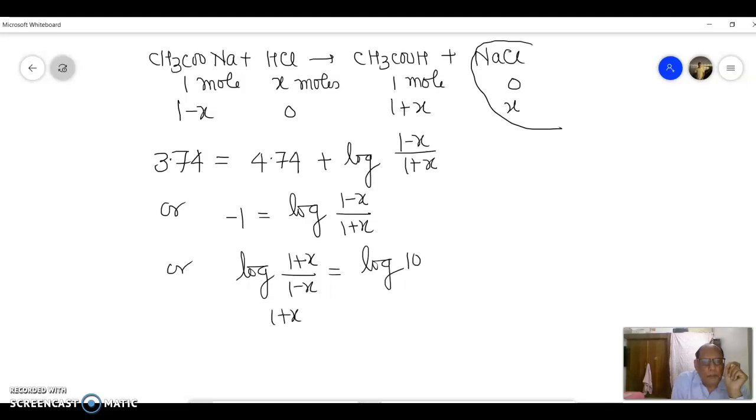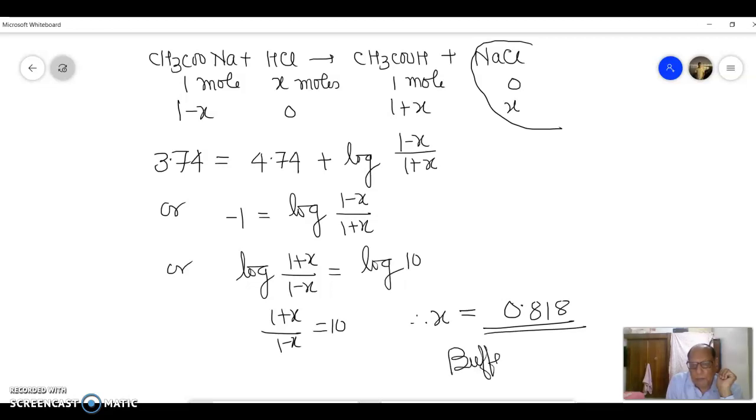Or 1 plus x upon 1 minus x equal to 10. Solving this, we get x comes out to be 0.818. That is the buffer index of a solution. Means by adding 0.818 moles of hydrochloric acid, pH of a solution will be decreased by 1 unit.